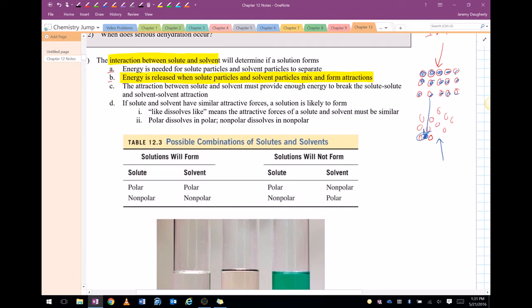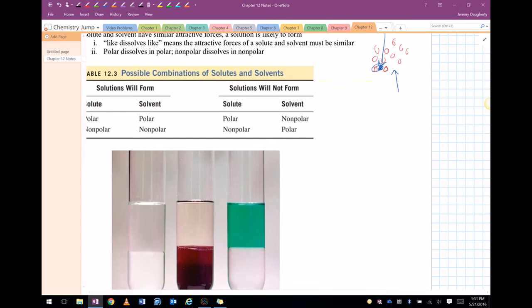Now, in order for a solution to form, the energy has to be favorable. So how do we know that? The attraction between the solute and solvent must provide enough energy to break the solute-solute and solvent-solvent attractions. So we have to look at this in terms of energy.